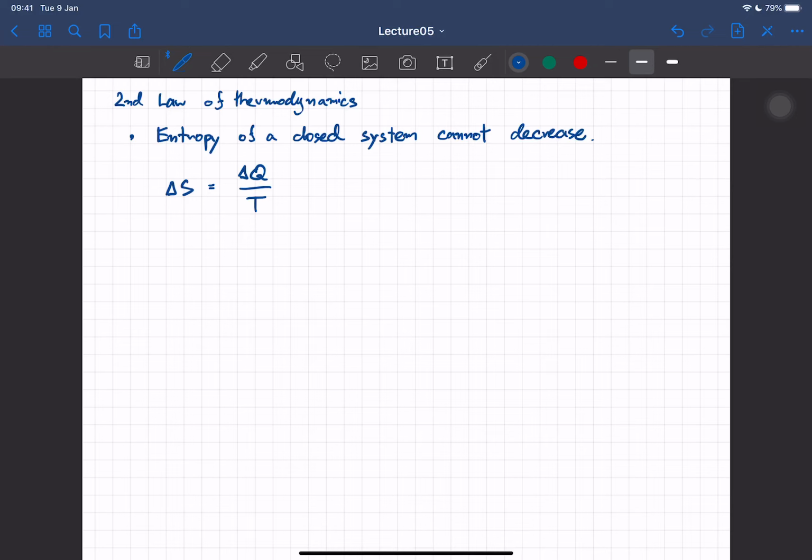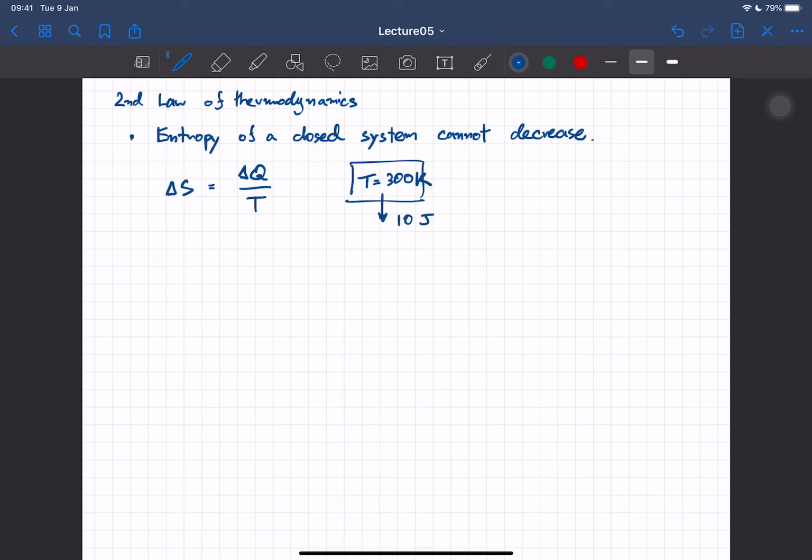In terms of an exact example, let's say you have a heat bath at 300 Kelvin, and let's say this heat bath loses heat by 10 joules.